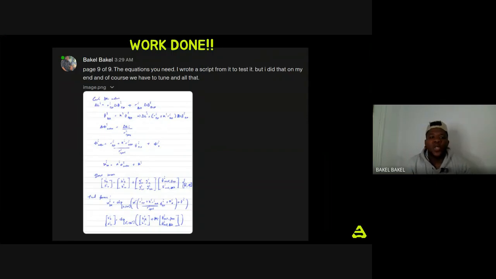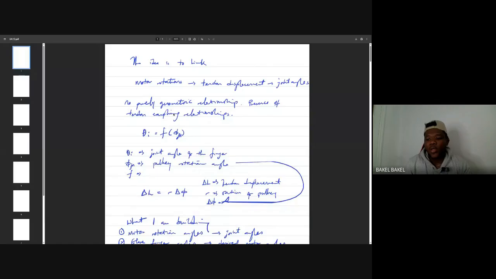Okay, so let me share this. News flash: my handwriting is actually very terrible when I'm not teaching. I think even when I'm teaching it's terrible. I try my best.